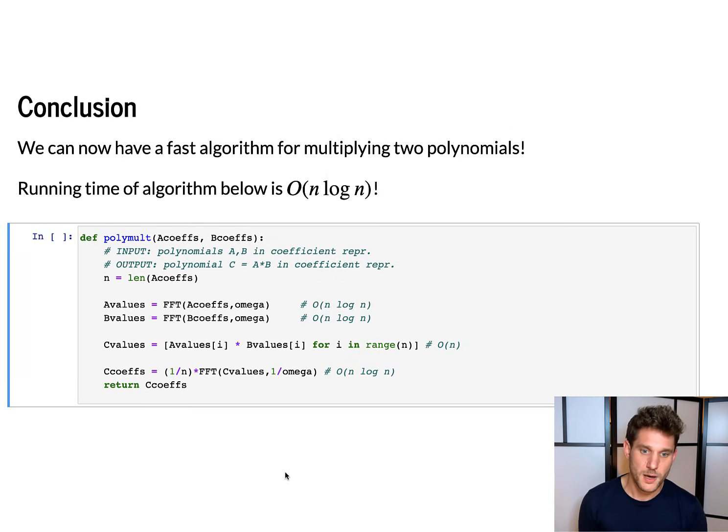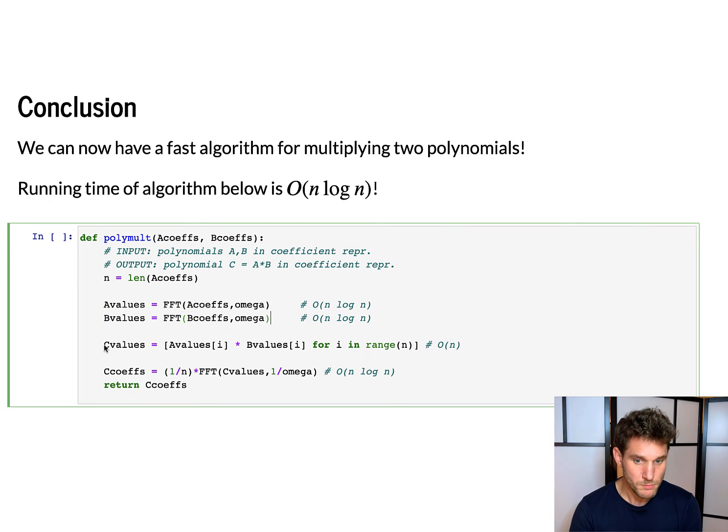Let's just finish by noting that right now we have an O of n log n algorithm for multiplying 2 polynomials. The trick here is simply, you have all the details. What you do is you start out with 2 polynomials in coefficient form. Rather than do the naive multiplication, which takes O of n squared, what we're going to do is convert both of these polynomials using the FFT into value form. This is 2 calls to the FFT.